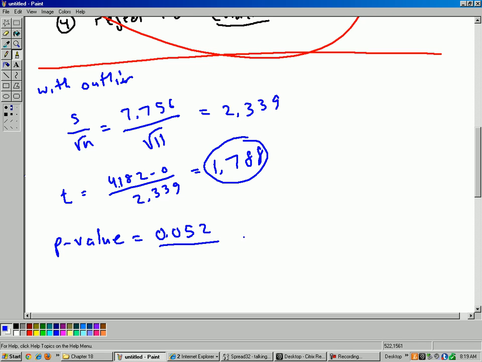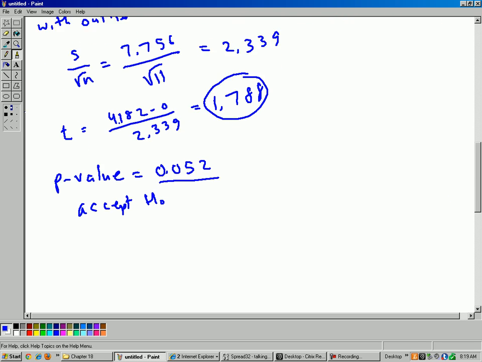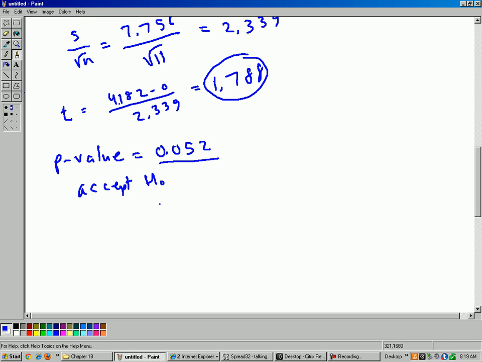Okay, so it's still evidence, but it's not as strong evidence as before. In fact, if our alpha is 0.05, we would now say accept the null. So just that one outlier made a difference between accepting and rejecting if the alpha was only 0.05.